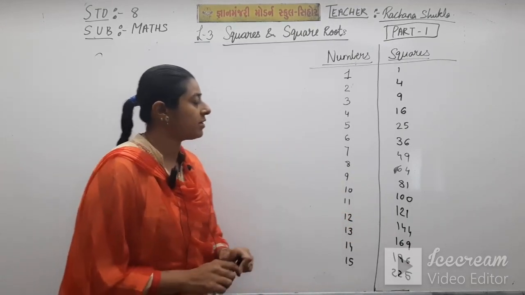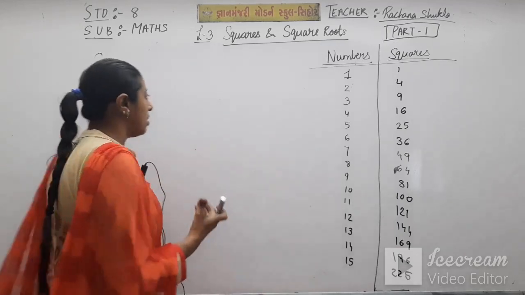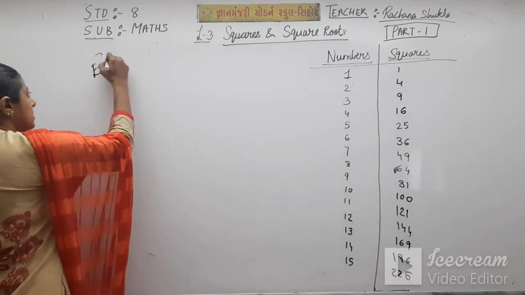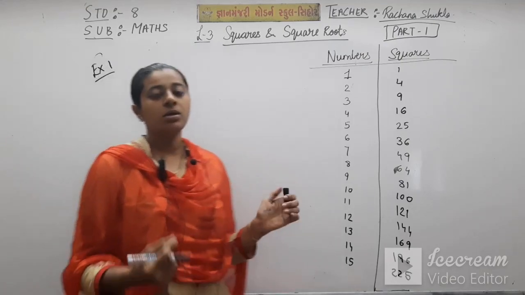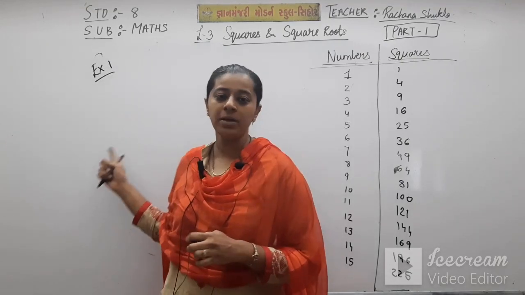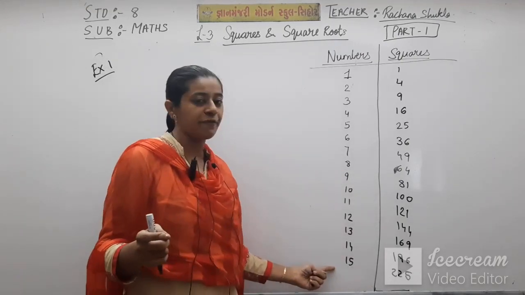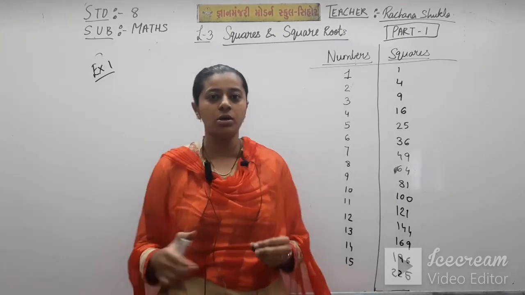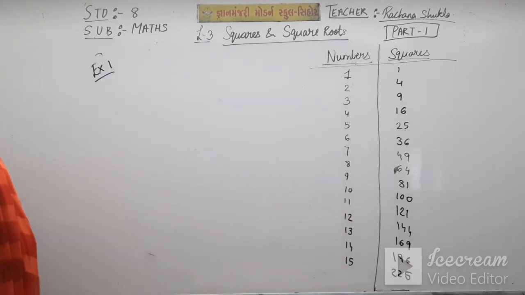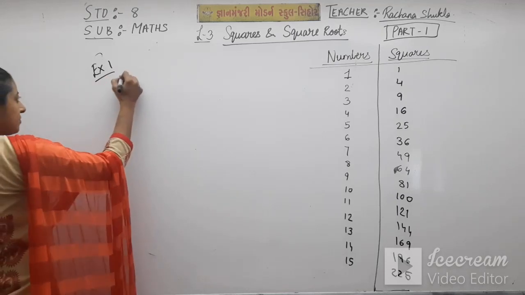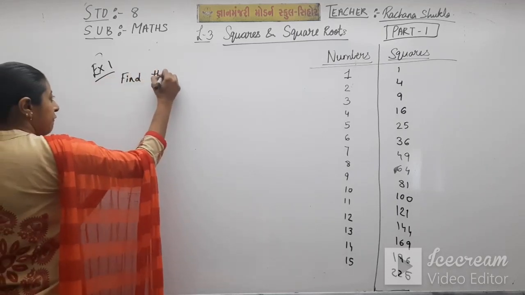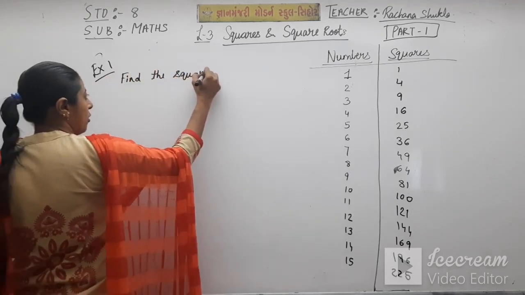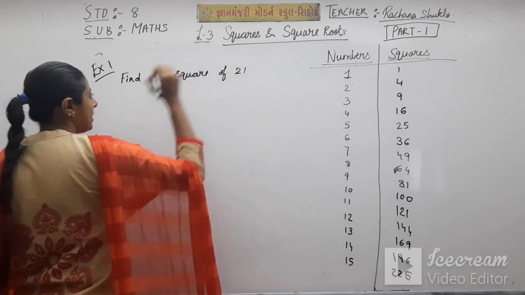Now moving onwards to example 1 of your textbook. As you know, example 1 you will write in your example book. Example 1 is find the square of 21.